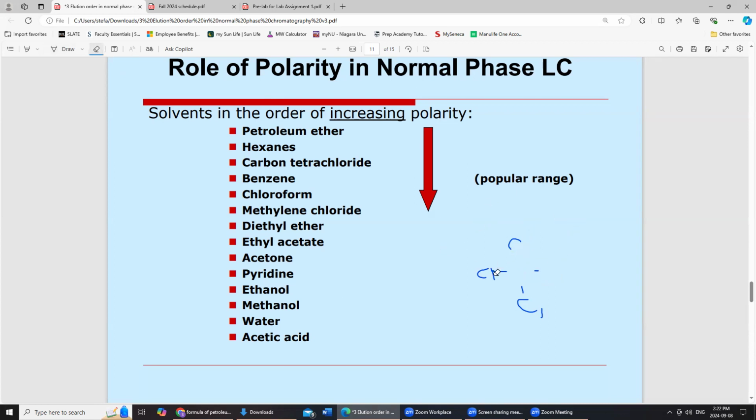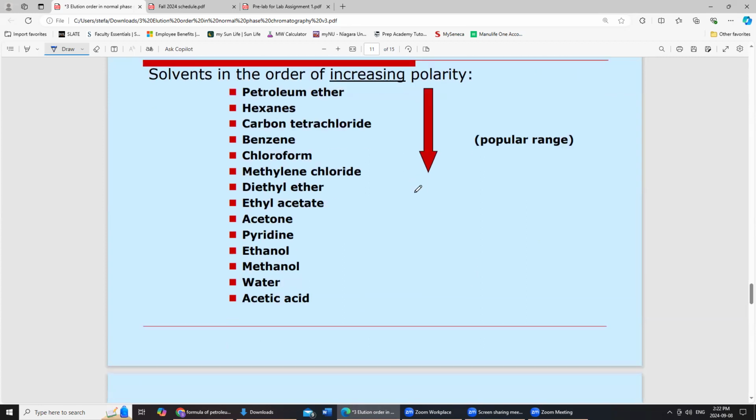So carbon tetrachloride, again, very symmetrical molecules, low polarity. Benzene, being a cyclohexane with 3 double bonds. I need to get my tablet so I can draw on these things. Chloroform, methylene chloride, diethyl ether, ethyl acetate, acetone, pyridine, ethanol, methanol, water, and acetic acid.